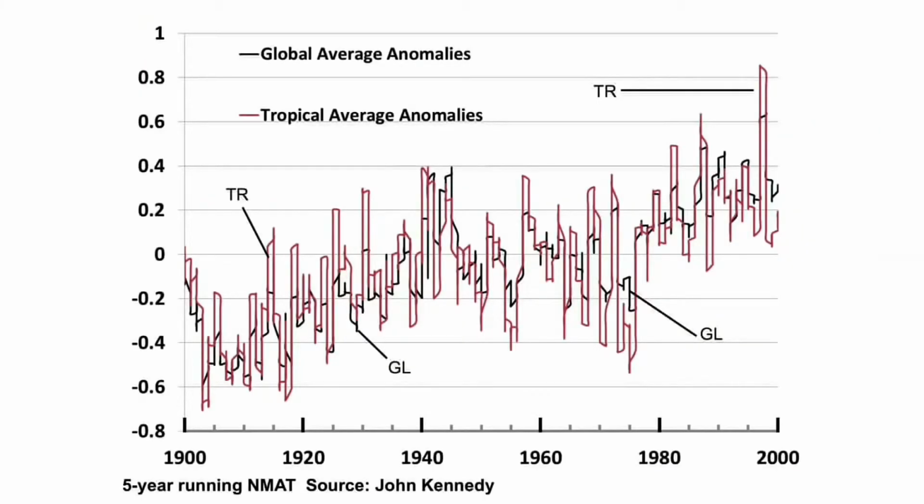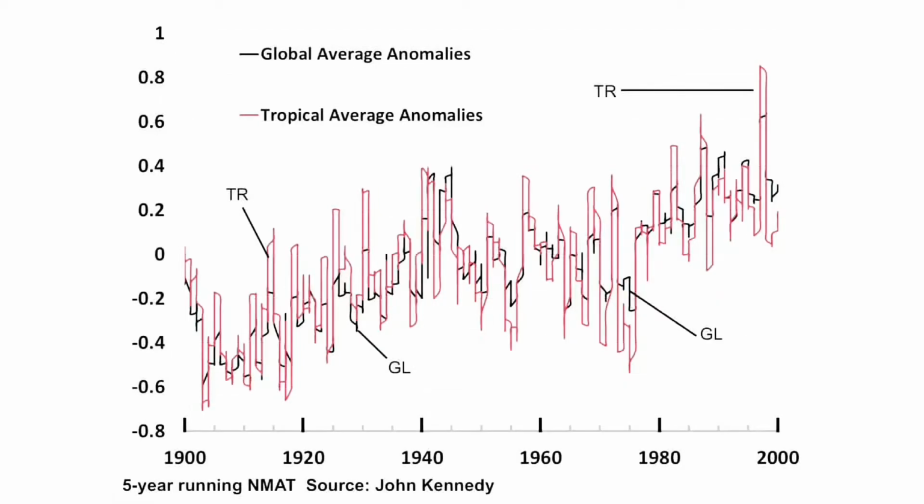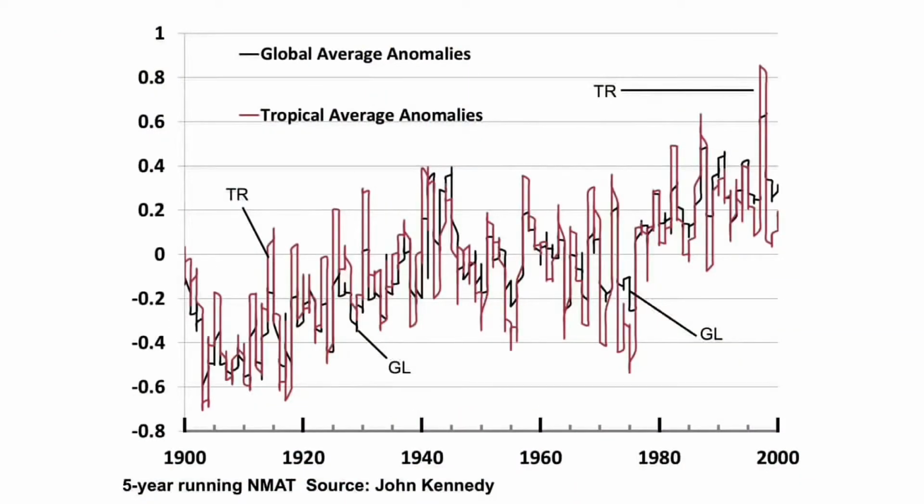From the Hadley Center come the data on NMAT, nighttime marine air temperatures. These are temperatures measured from the deck of ships of the atmosphere just above the sea surface. These are global measurements. You notice that there's this warming between 1910 and 1940, which I said is genuine. You see it here. There's a cooling.